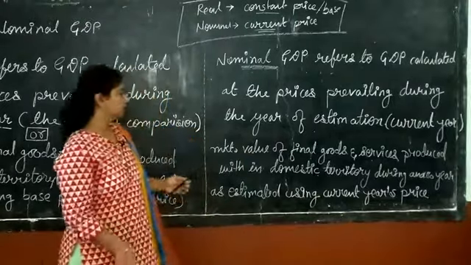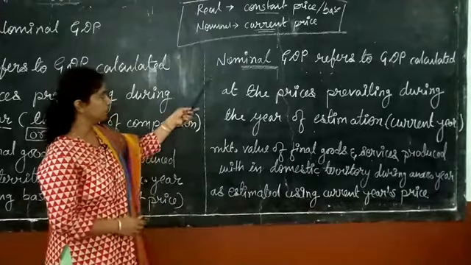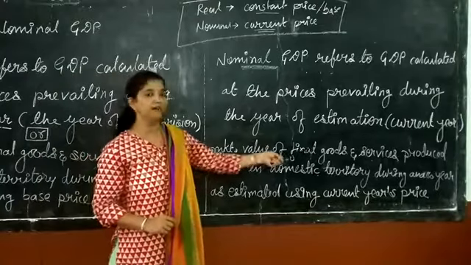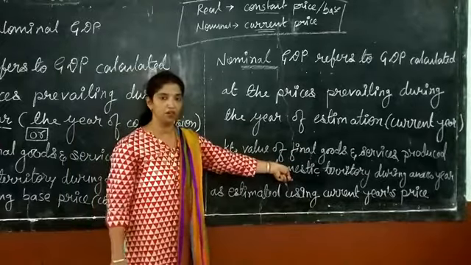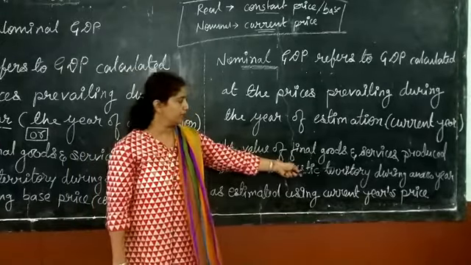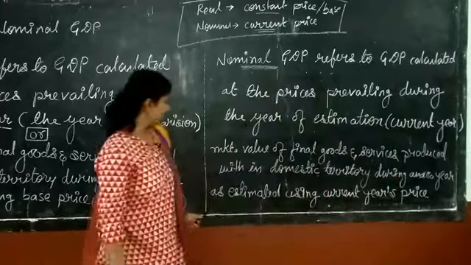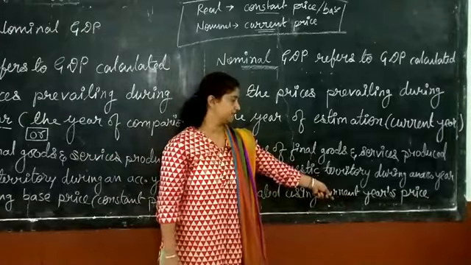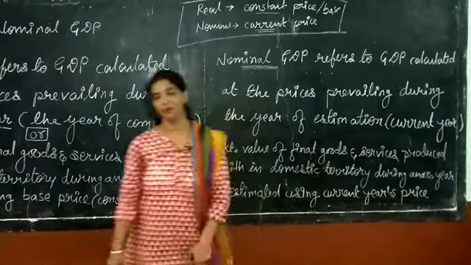Another definition for nominal GDP: market value of final goods and services produced in the domestic territory of a country during an accounting year, as estimated using current year's prices. This is all about nominal GDP.